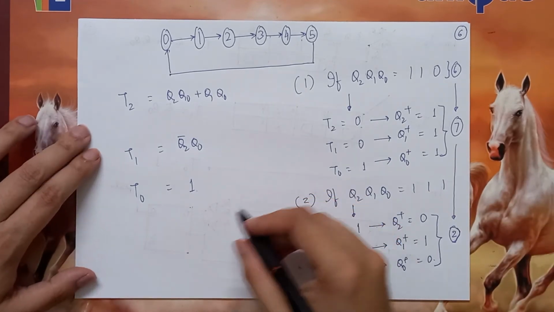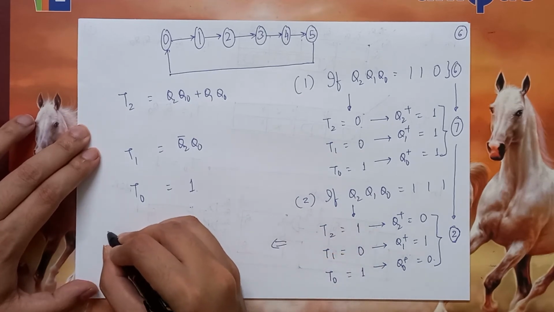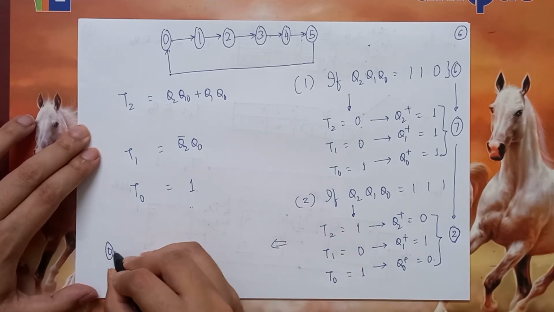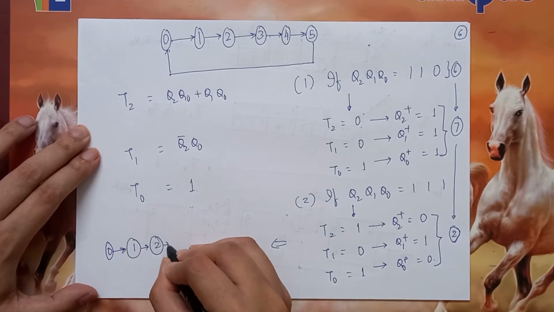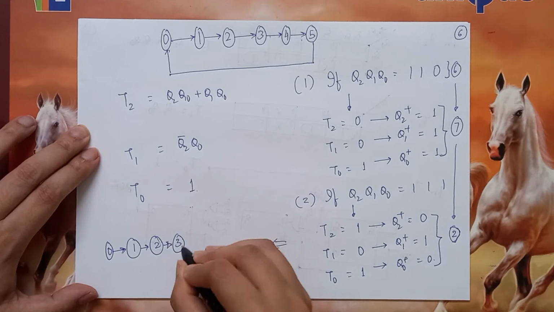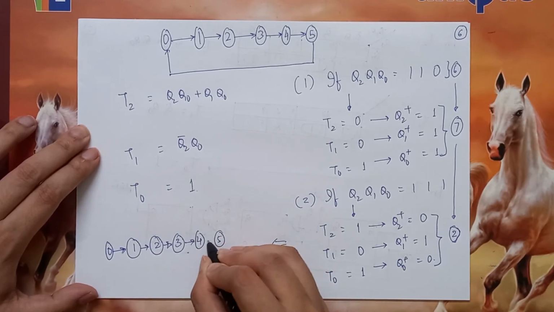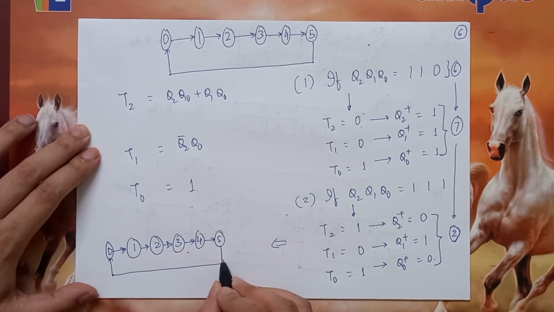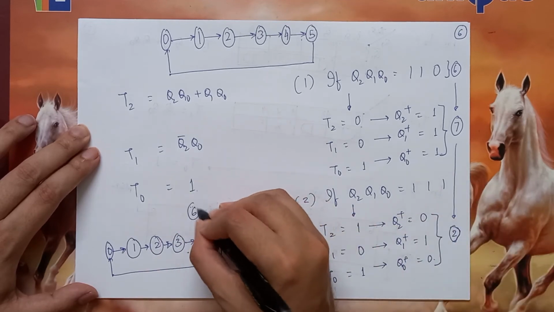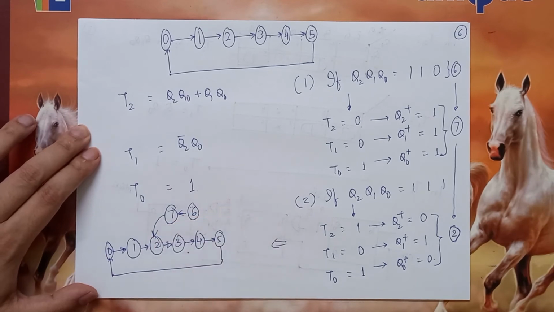So therefore, we can now redraw the state diagram. If the present state is 6, the next state is 7, and the next state is 2.